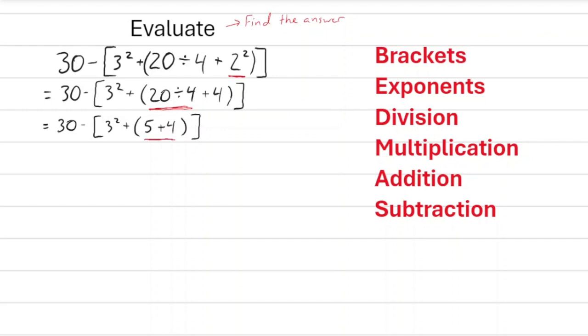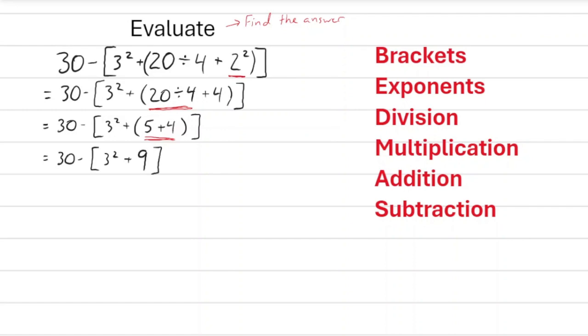So we're going to take 5 and add 4 to that. Okay, so 3 squared plus 5 plus 4 is 9, and I can take away the round brackets because there is no more work to do. At this point, you could use round brackets around the 3 squared plus 9, or you can keep it simple and just keep it the same. No big deal.